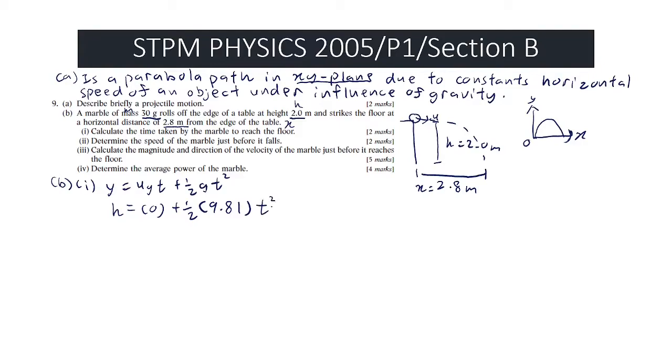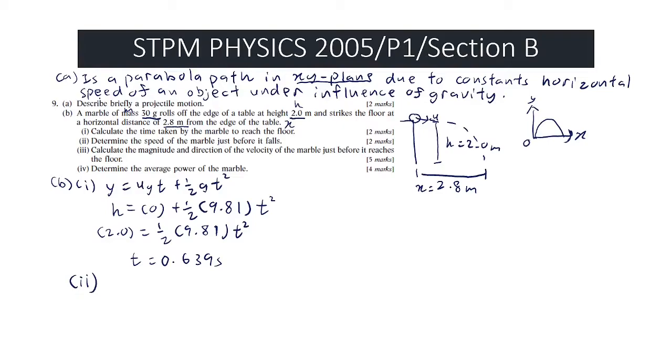This is t squared, and we substitute h as 2.0 equals 1 over 2 times 9.81, and we solve for this t. So we get 0.639 seconds.